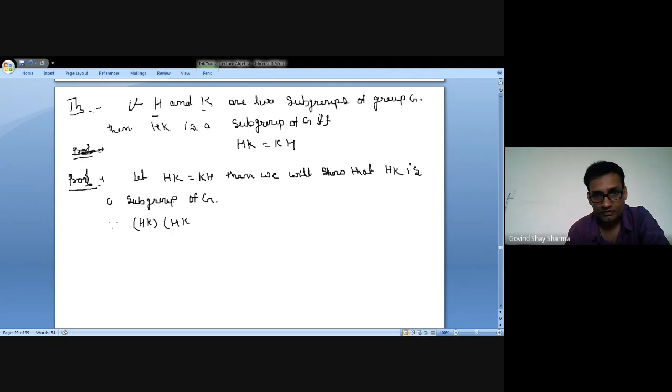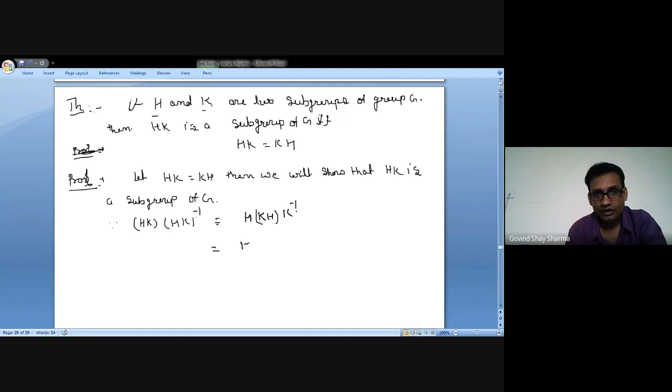Let us take HK inverse. This type of term we already did, that AB inverse belongs to H. Similarly, HK inverse.